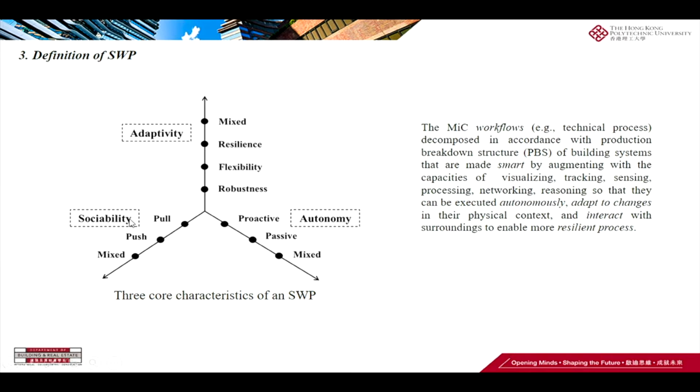And sociability means the package could communicate with the surrounding environment, while autonomy means the package does not need to be influenced by the surrounding environment, but automatically identifies the issues and deals with them.